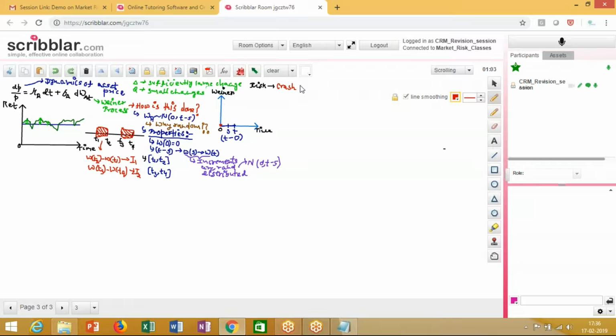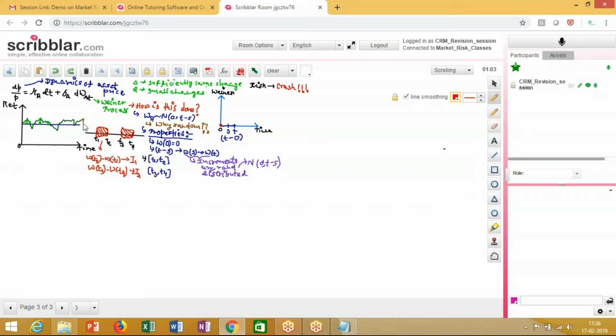If the asset prices crash, that is where the risk in the investment will come in. Let's say I'm a bank and I want to invest into an asset. I want to understand not only what the returns of the asset are and how risky the asset is, but also the chances of that asset price crashing, so that the return dynamics change trajectory.